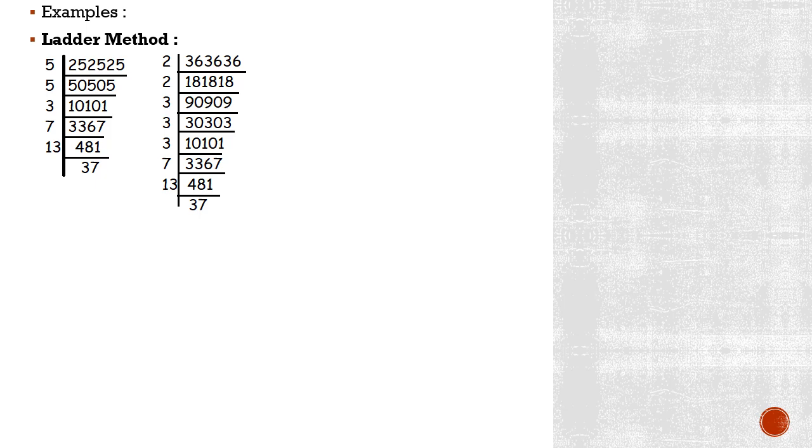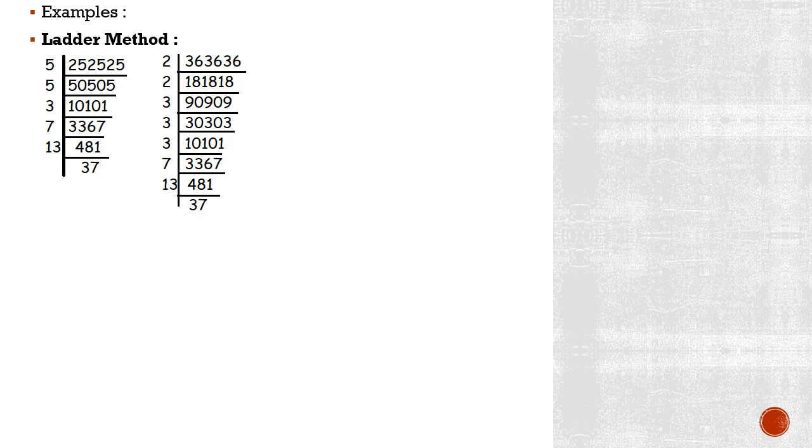So when we divide this by 7, we get quotient as 481. This 481 is divisible by 13. When we divide this by 13, our quotient will be 37. Now we are not going to do it further because 37 is a prime number, so we cannot factorize this.